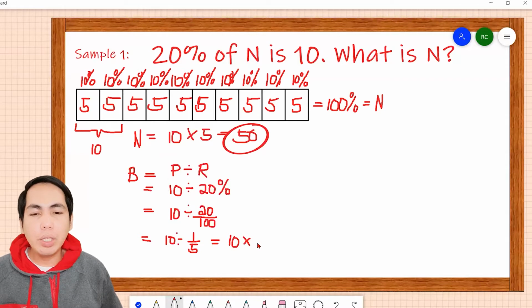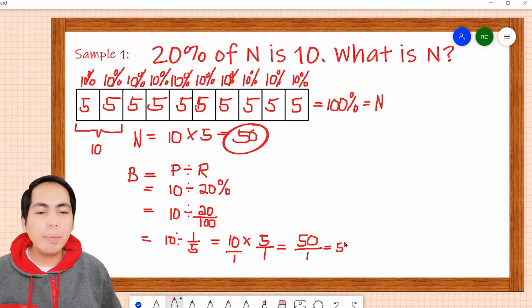Our divisor is 1/5, and the reciprocal of 1/5 is 5 over 1 to give us 10 times 5 is 50. And then, since 10 is understood to have a denominator of 1, 1 times 1 is equal to 1. That is 50 over 1, or simply 50.